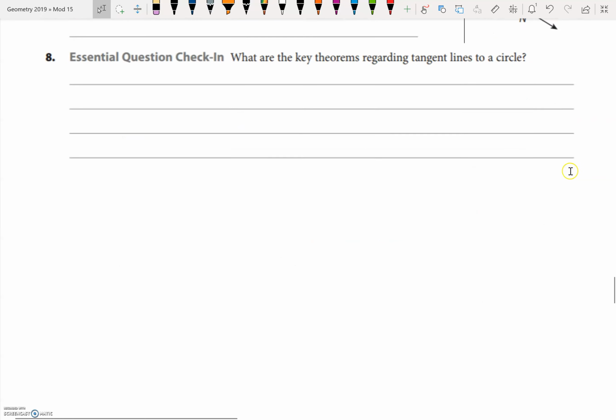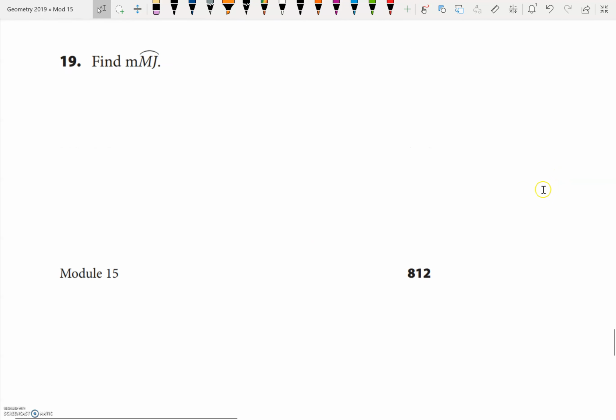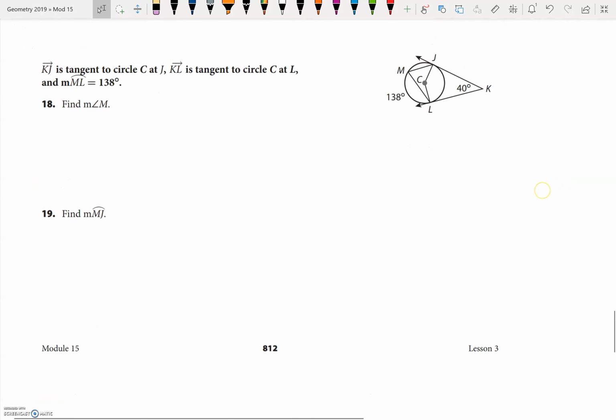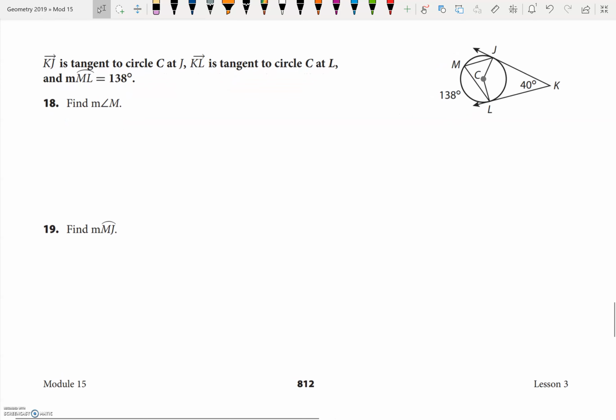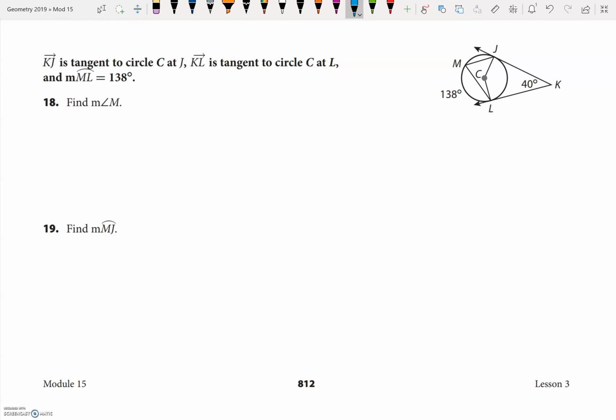So let's go ahead and go on to page 812. Page 812 has an example that's not going to be part of your homework, but it's going to have some relevant stuff that we want to go over. It says here that KJ is tangent to the circle, and KL is also tangent to the circle, and that arc ML is 138 degrees.